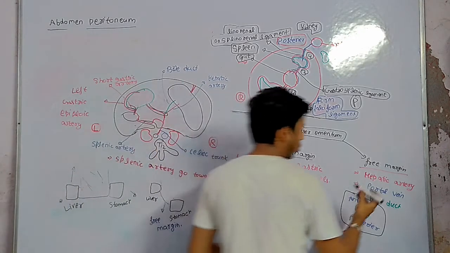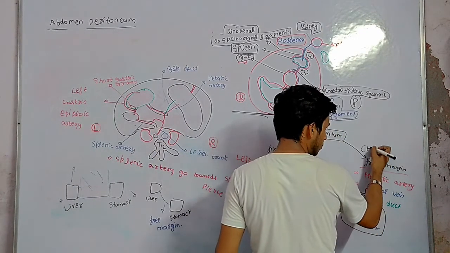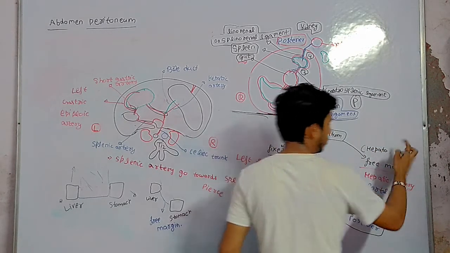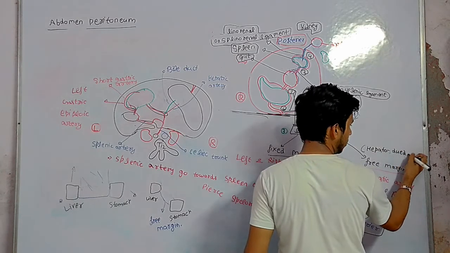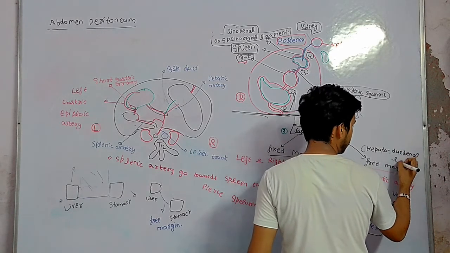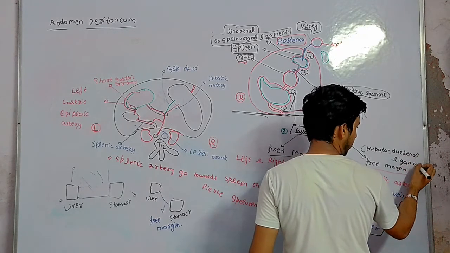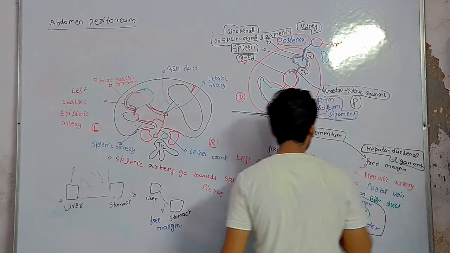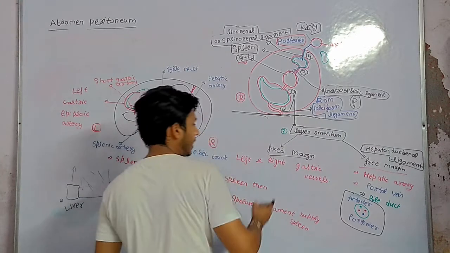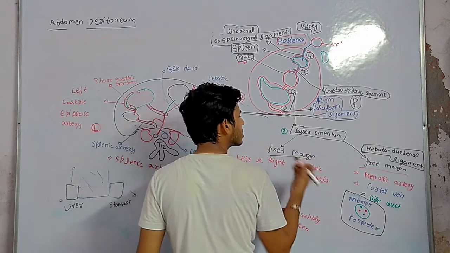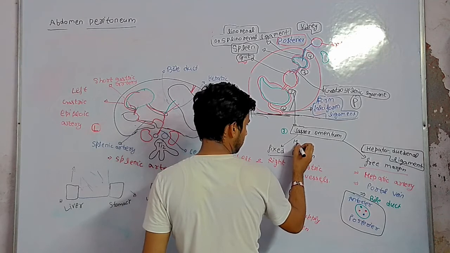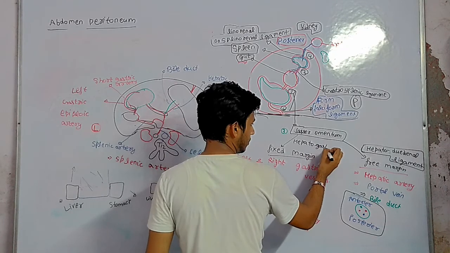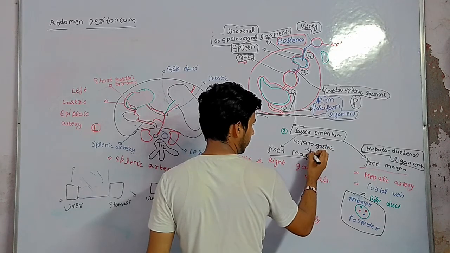So this free margin is also called the hepatoduodenal ligament, between the liver and duodenum. And the fixed margin is present between the liver and stomach, so it is called the gastrohepatic ligament. Hepatogastric, gastrohepatic, same thing, just another name.